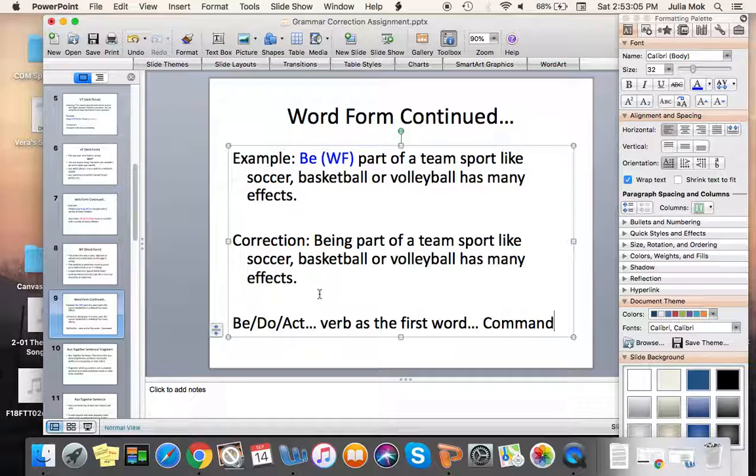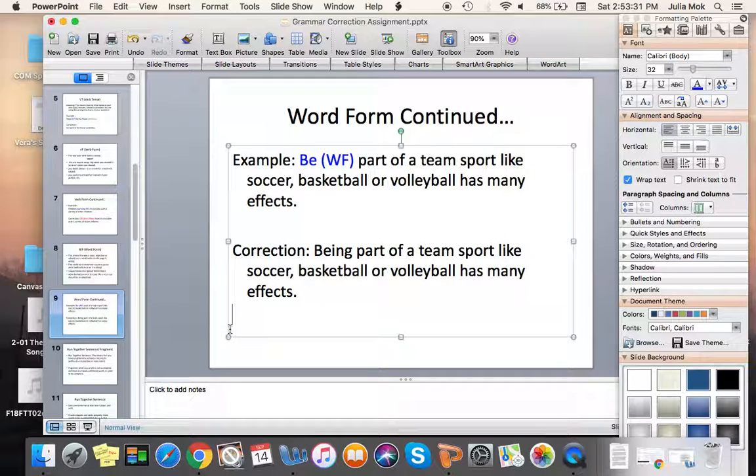That's the only time in English we never put a subject at the beginning of a sentence, is when we're commanding someone. Don't walk on the street. Go now. Be good. Act better. That's the only time we would ever have a verb as the first word. And most of the time in our writing, especially in our academic writing, we don't do that.